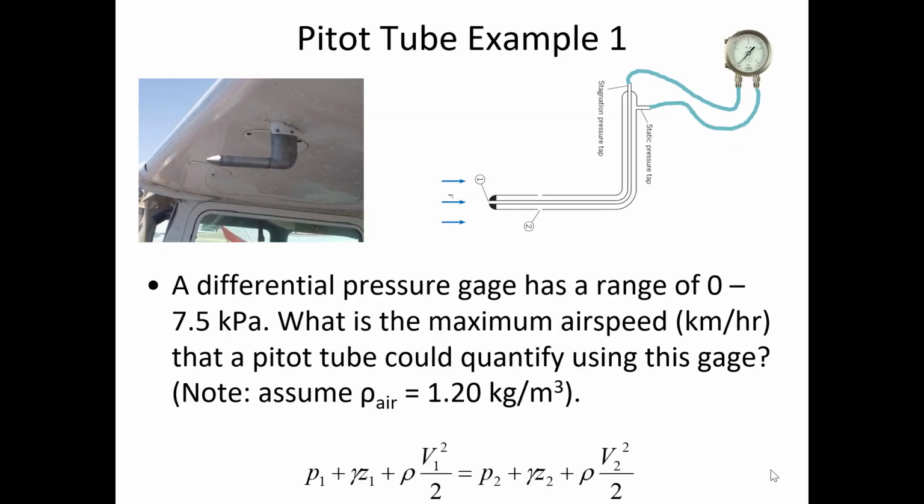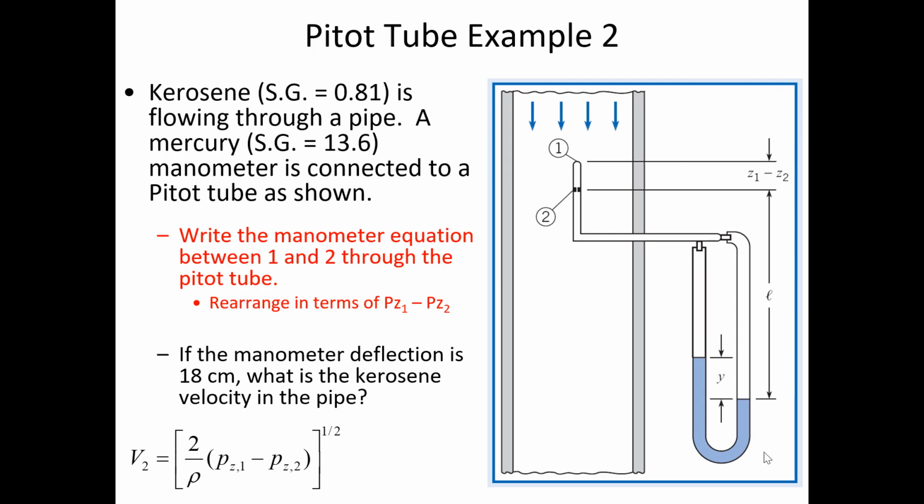Let's look at the second example here with pitot tubes. This one's a little more complicated because we've connected the pitot tube to a differential manometer and it's being used to measure the velocity of a flowing liquid rather than a gas. Here, this pipe has kerosene flowing through it.